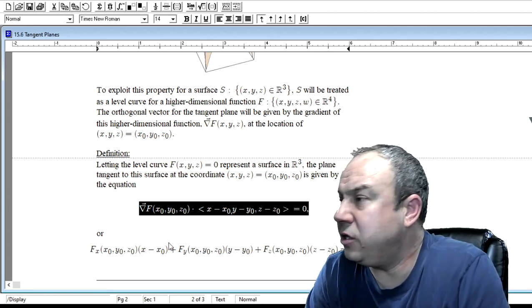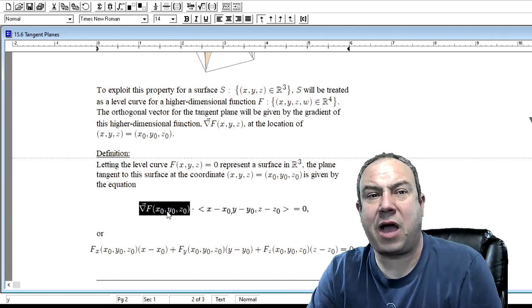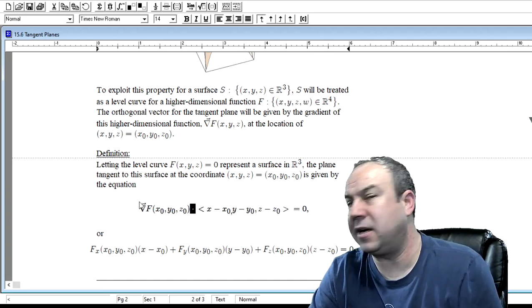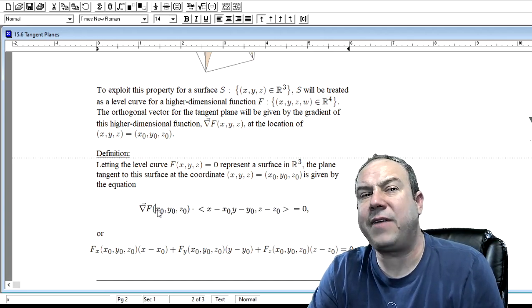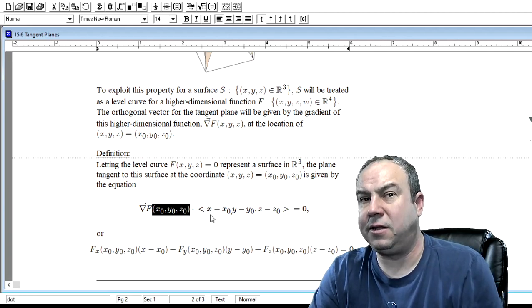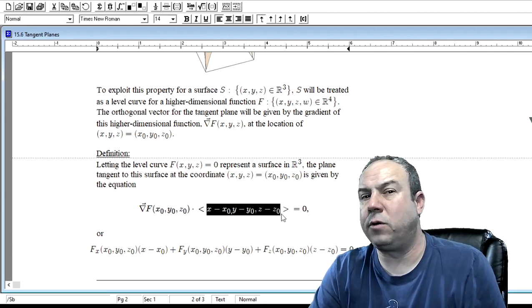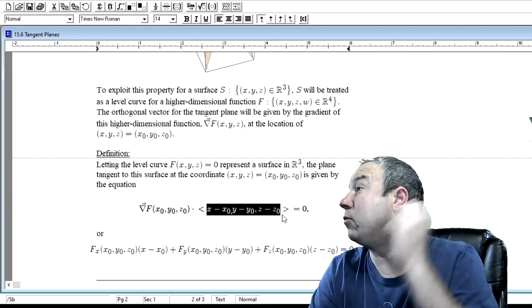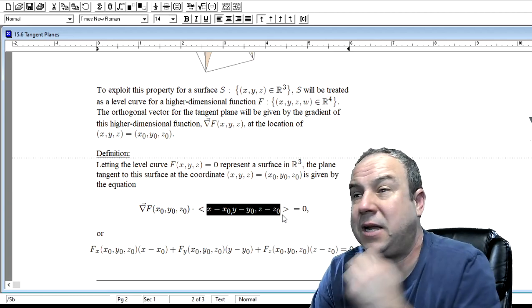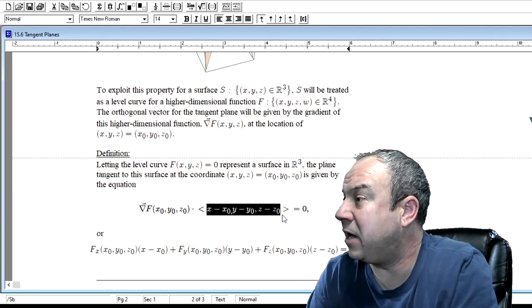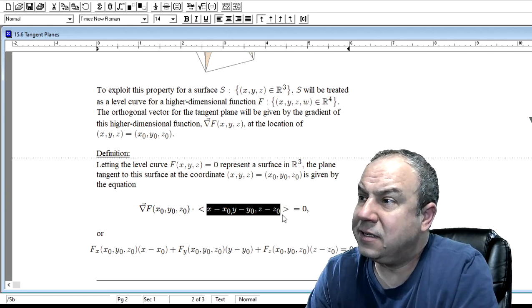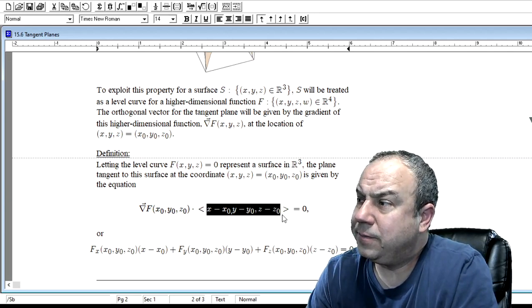It is an equation built by taking the dot product between the gradient vector at x null, y null, z null, and this vector that forms in three-dimensional space, defined by x minus x null, y minus y null, and z minus z null as its coordinates.